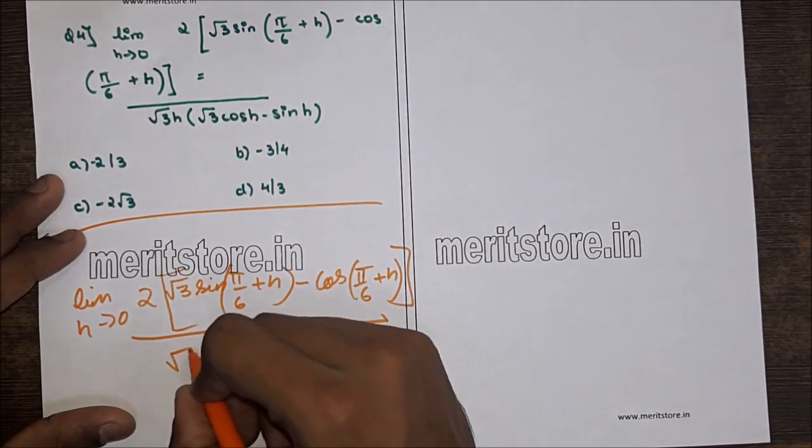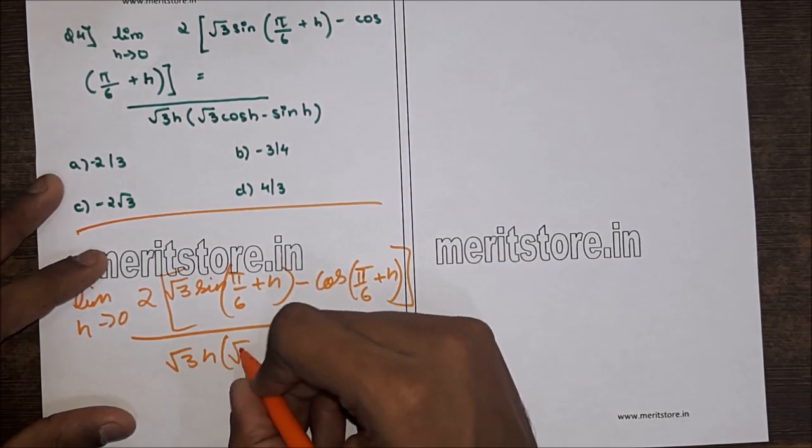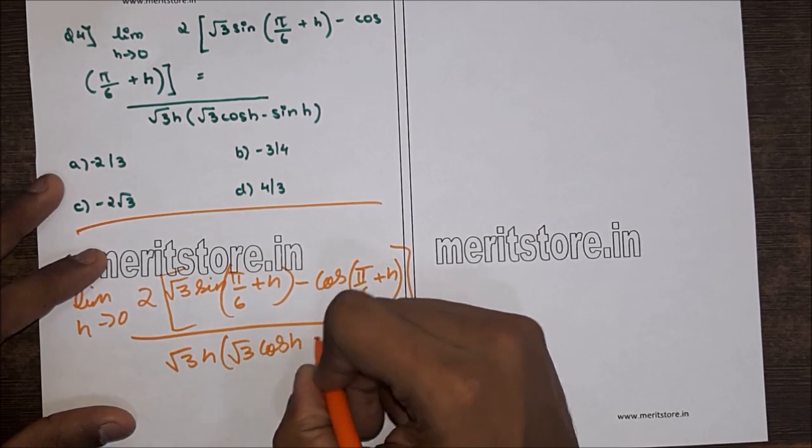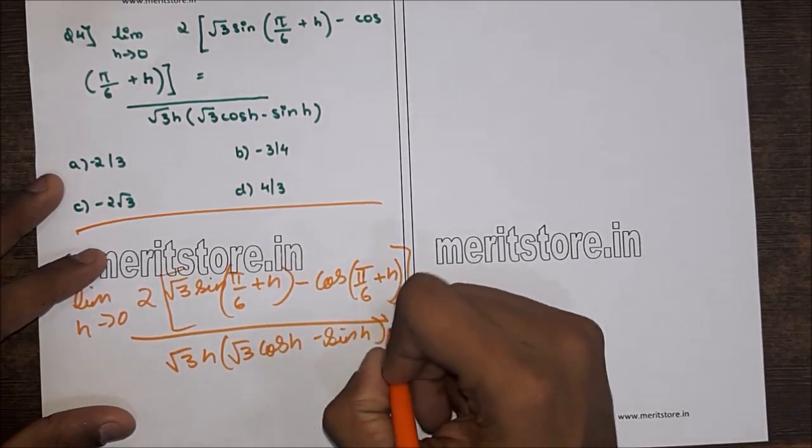Upon root 3 h into root 3 cos h minus sin h.